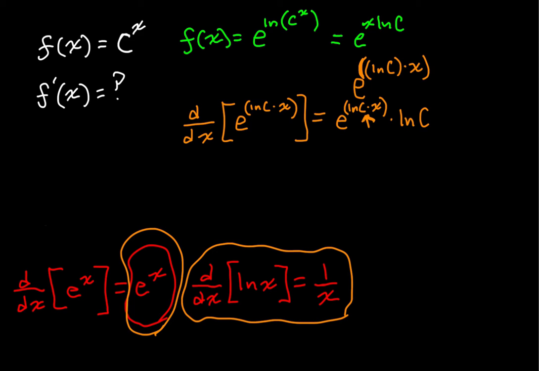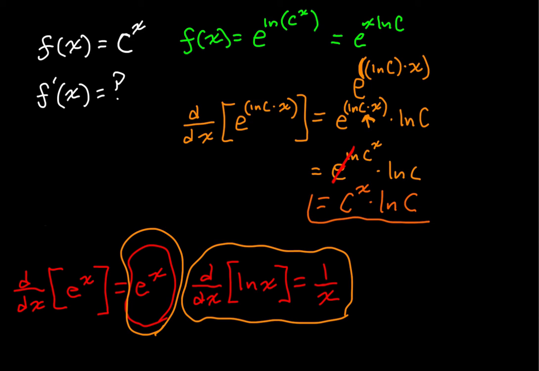If we put things back into other terms, if we say, hey, wait a minute, that's the same as e to the, not x times natural log of c, but natural log of c to the x power, because those are the same thing based on exponent rules, times natural log of c. We know that the e and natural log cancel out, and we are left with c to the x times the natural log of c.